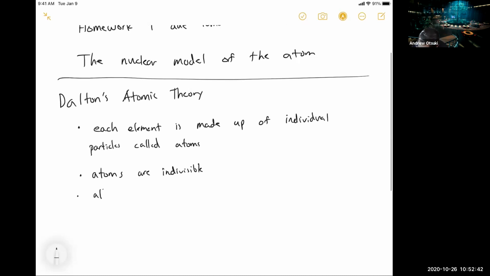So all atoms of one element are identical.